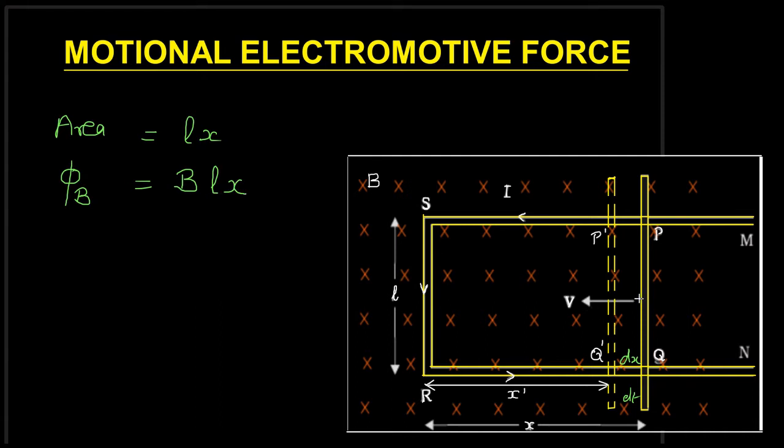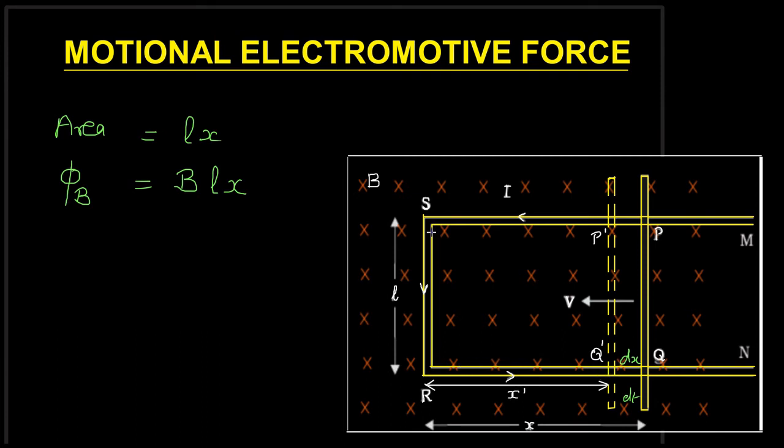If the conductor PQ moves with velocity V towards left, now the new position is P dashed Q dashed. The conductor PQ has moved through a distance dx in time dt. Now the length of the coil is L itself, whereas the breadth of the coil is X dashed.